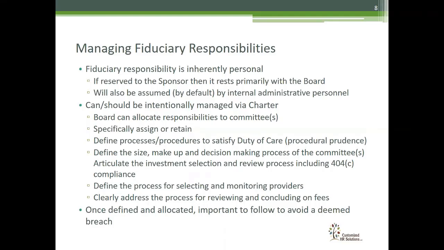It could be administration, it could be just retirement plans in general, and you can define what roles you want that committee to assume in the charter, and then you also effectively decide which fiduciary responsibilities are going to be retained at the board level. So you kind of pick and choose and you allocate them, and then everybody knows who's responsible for what.